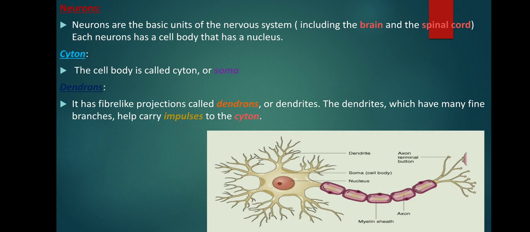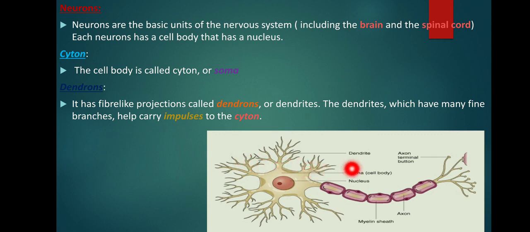Dendrites are smaller than axon. Each neuron can have many dendrites. They look like roots growing out of the cell body. Dendrites bring electrical messages into the nerve cell.